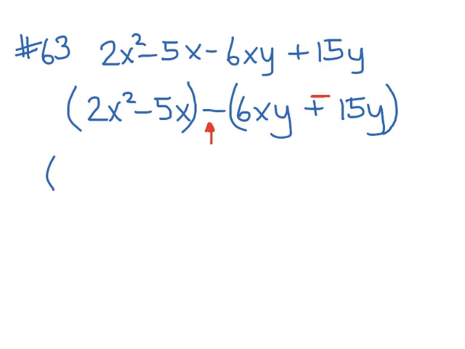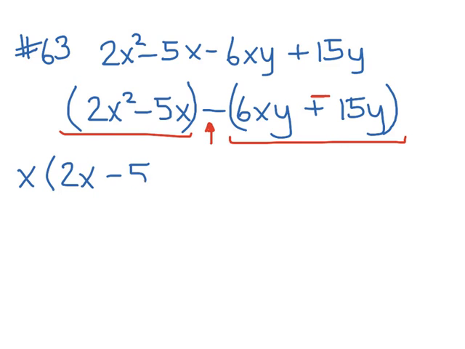So now if I just look at my two groups over here, I have this one and now this group. So I'm going to factor out. Between 2 and 5 I have no numerical factors, so I can't do anything there, but I do have an x that I can pull out. And then I'm left with 2x minus 5. Okay, I still have the minus in between here, I'm not changing that.